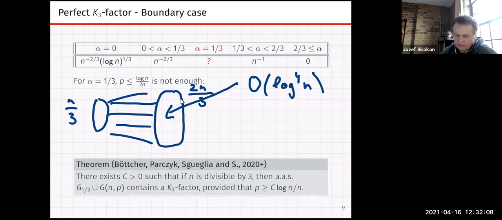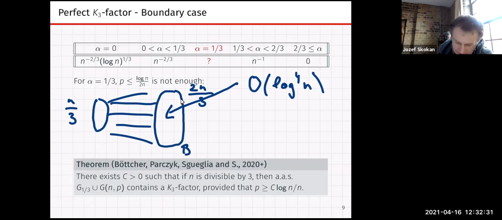For those of you who know a little bit, this is just Markov's inequality and calculating some expectations, nothing more than that. So we have at most log to the 4 times n triangles coming from G(n,p) in this set B of size 2n over 3.